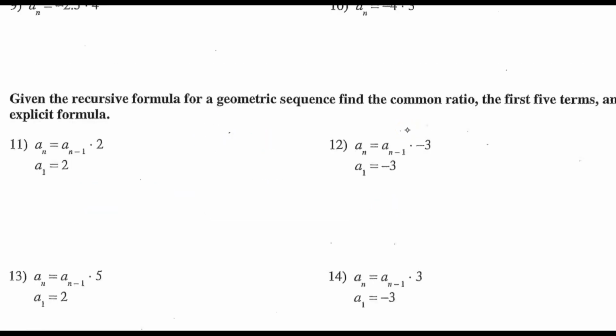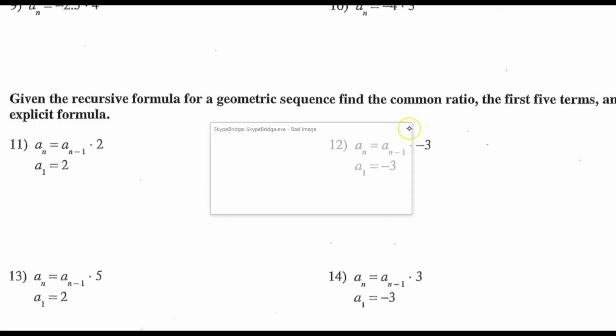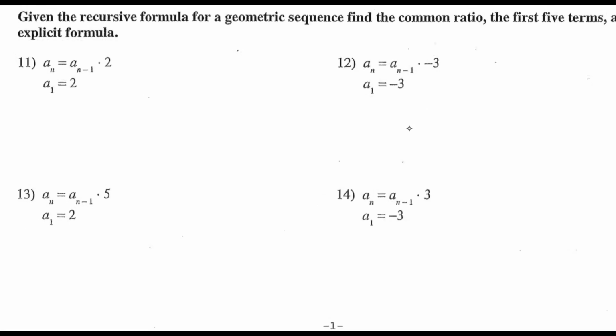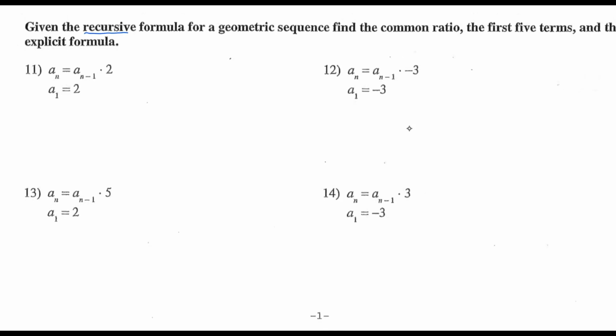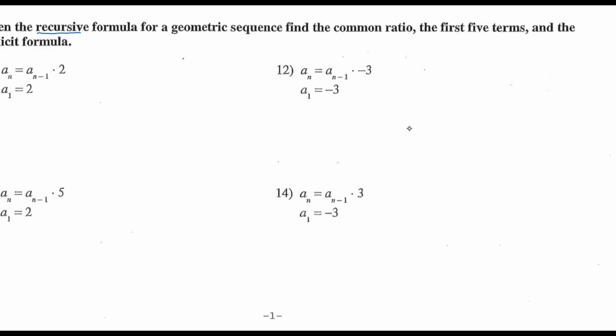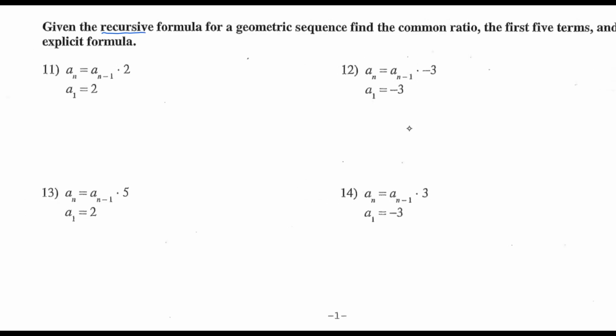This is something that we haven't covered in class, but I would like you to have a go at in the Flexwork. Here we're using the recursive formula, which is a little bit new, for a geometric sequence to find the common ratio, the first 5 terms and the explicit formula.